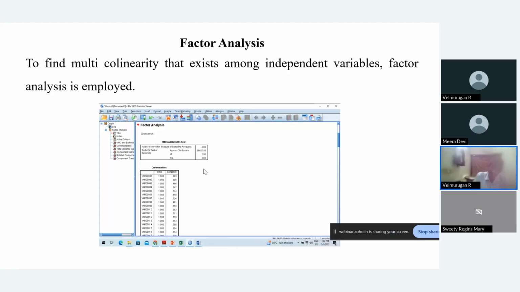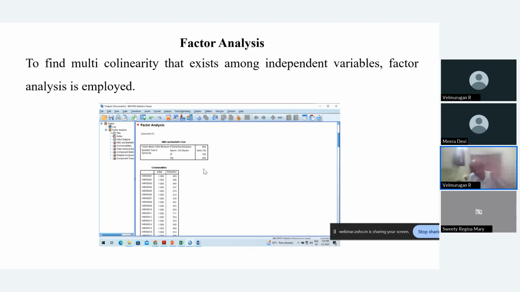You may raise 40, 30, or 25 questions; it is up to your discretion. Out of 25 questions, by employing factor analysis we are measuring whether all 25 are important for measuring job satisfaction, or how many questions or statements are important, for which we employ factor analysis.